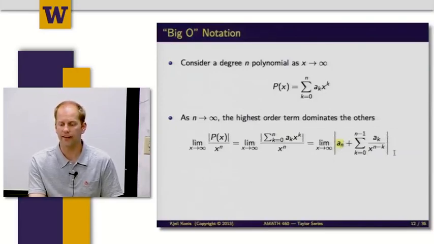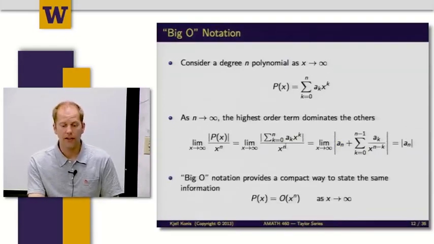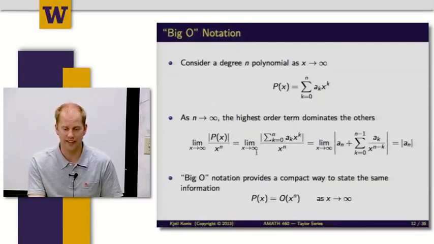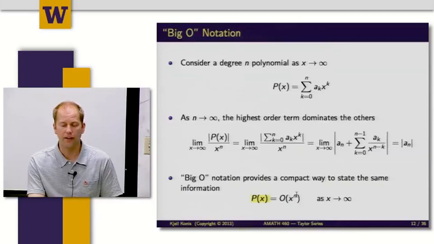And so when I actually take this limit, what I'm going to end up with is a sub n. And so big O notation is just trying to summarize this behavior in a simpler way. And so I'm just going to say that the polynomial p of x is big O of x to the n.